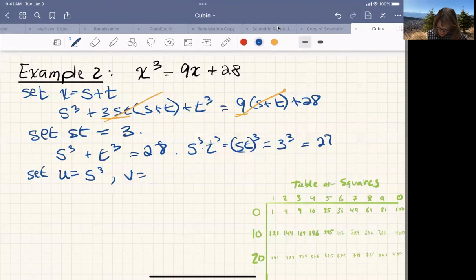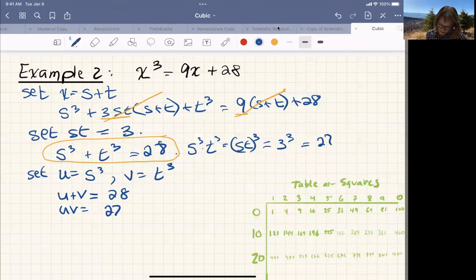We're going to set v is equal to t cubed. And so now what we have is that u plus v is equal to 28. That was from that. And then we're going to get u times v is equal to 27. And that was from that.